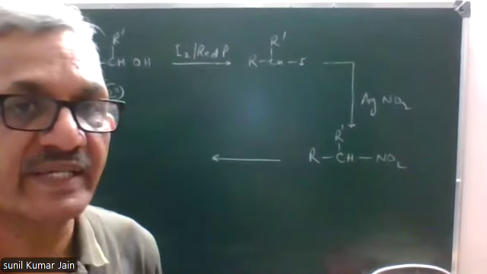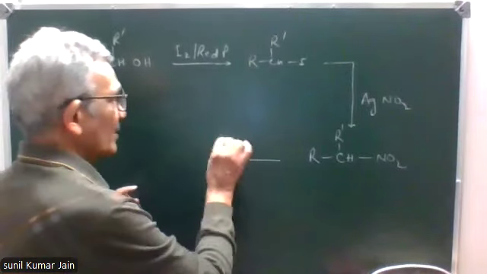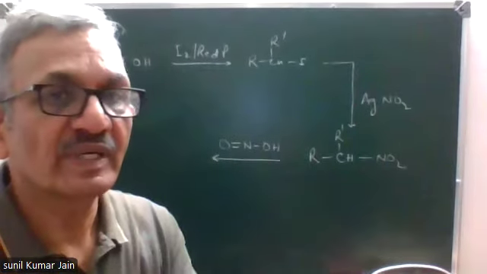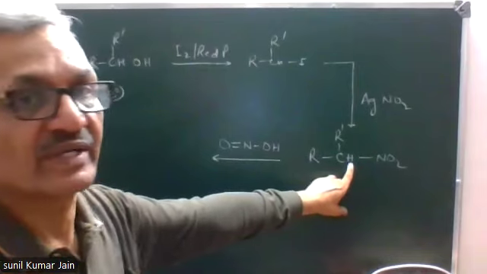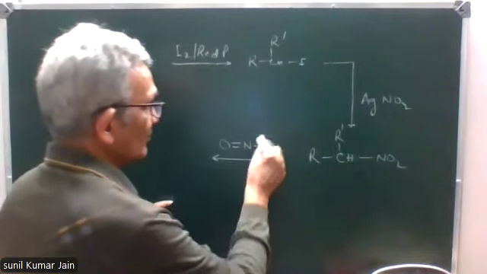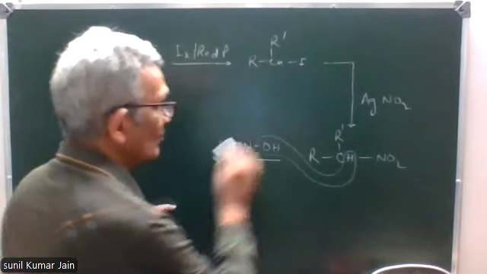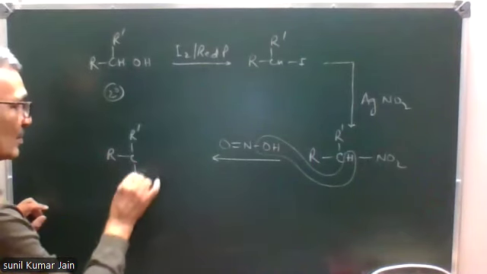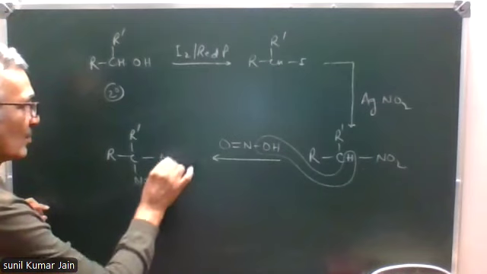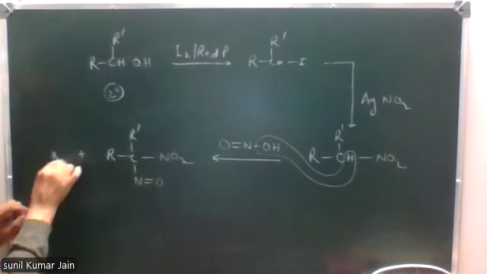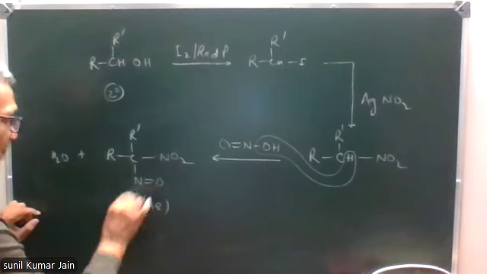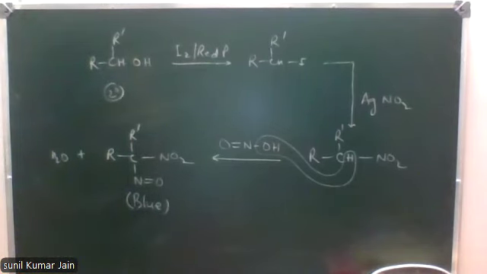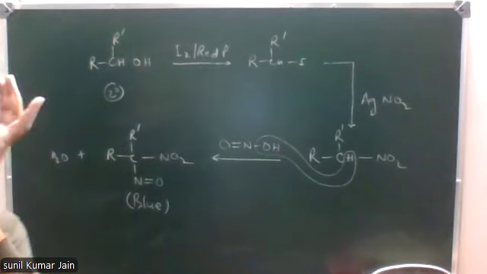Now this product is reacted with HNO2. OH from HNO2 and hydrogen from here will be eliminated as water. This product is blue in color, and this is insoluble in aqueous NaOH.